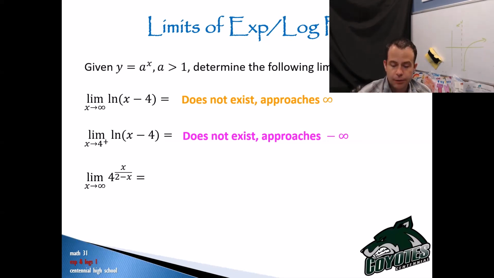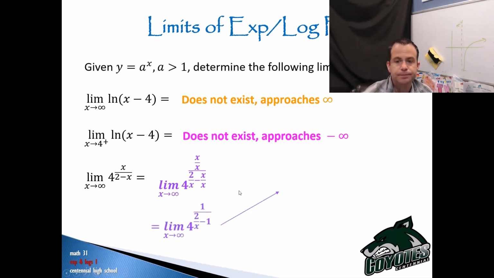So I'll divide everything here by x. x over x is going to give me 1. 2 over x is going to give me 0, and minus 1. So that ends up being 4 to the negative 1, because 0 minus 1 is negative 1, and 1 over negative 1 is negative 1. So then 4 to the negative 1 will give me 1 over 4. So the limit of that guy will be 1 over 4.